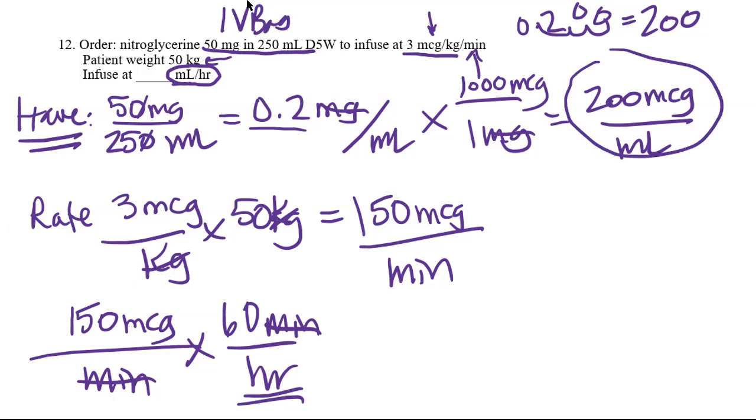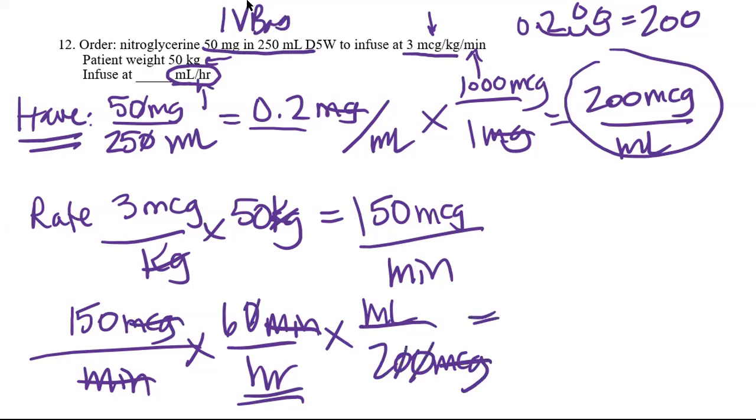So we want mLs per hour as our final answer. We've got hours down here, but we need mLs and we need to get rid of micrograms. We did the conversion, so let's go mLs at the top. We'll flip it and go 200 micrograms. Cross out the micrograms, and we can cross out a 0 here and another 0 here.